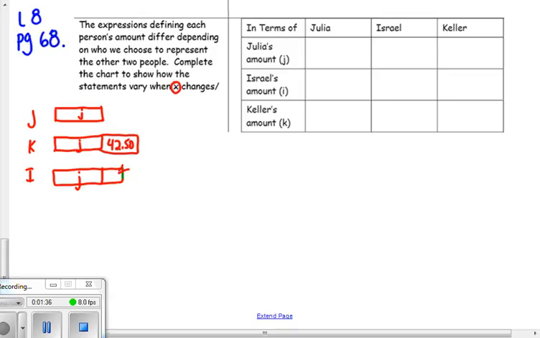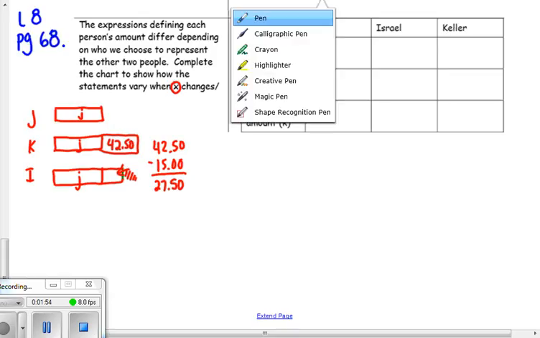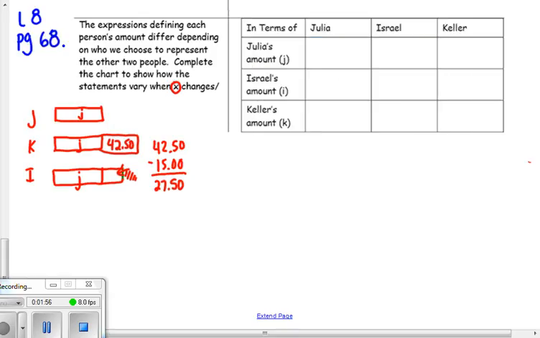To determine the amount for that, we are subtracting this $15. So we have $42.50. Take away the $15 because he earned $15 less than Keller, and that gave us $27.50. And that is the amount that Israel collected, $27.50.